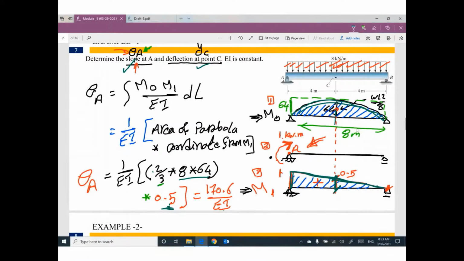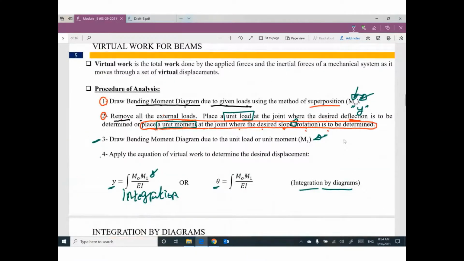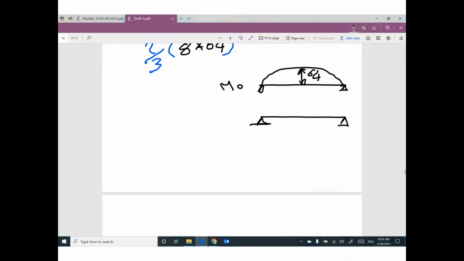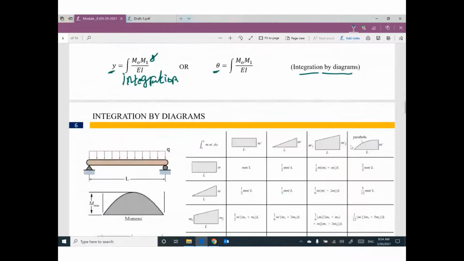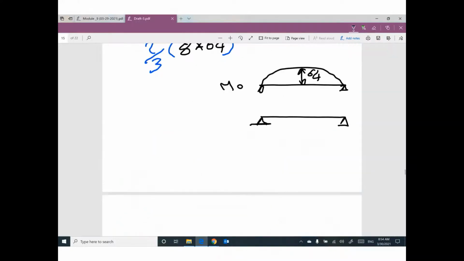This time, I will put a unit load at the joint where the desired deflection is required. We are looking for deflection at point C at the midpoint. So at the midpoint, I will put a unit load.